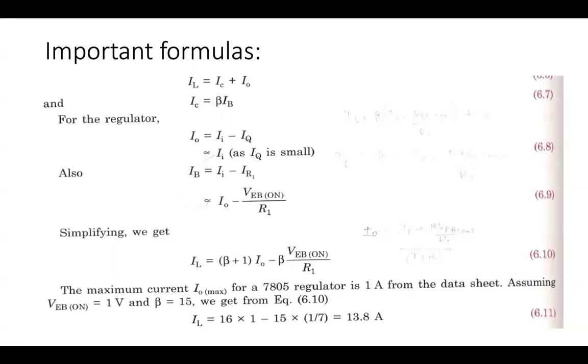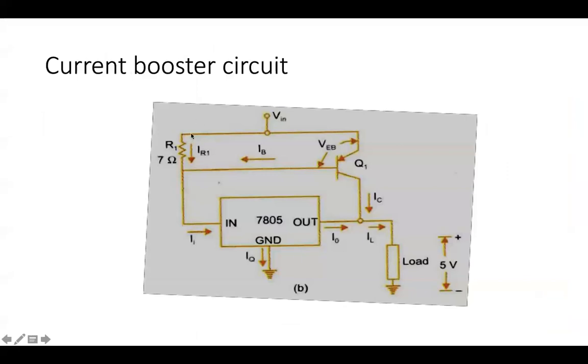So if I have to calculate, since I naught is equal to II, I put it as I naught minus IB is equal to V by R. So V is between the emitter and base when it's turned on, remember, and then divided by R1, because that's the resistor we have here, R1.